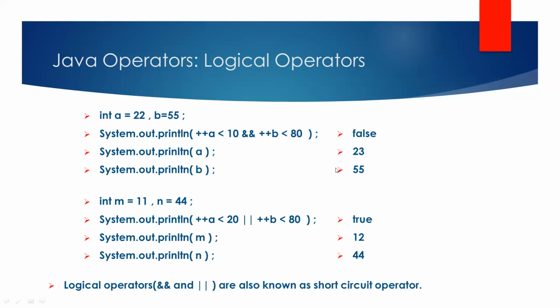So now, can anyone tell me why this happened? That B, we are getting only 55, it does not get evaluated. Do you know why we are getting 55? It should be 56, I guess, no?